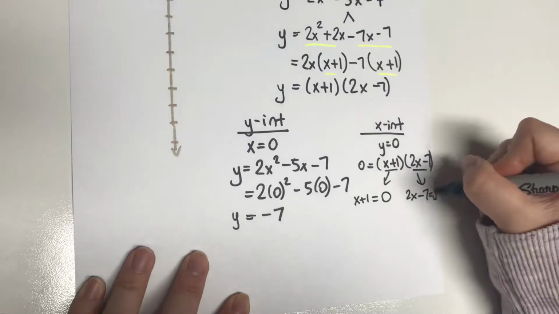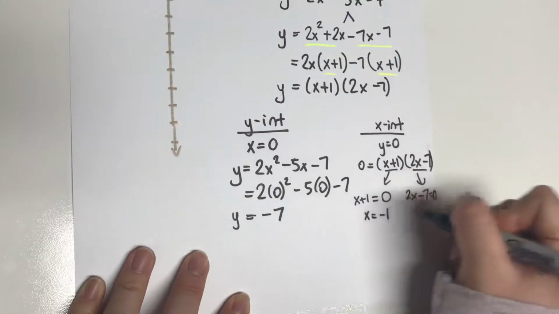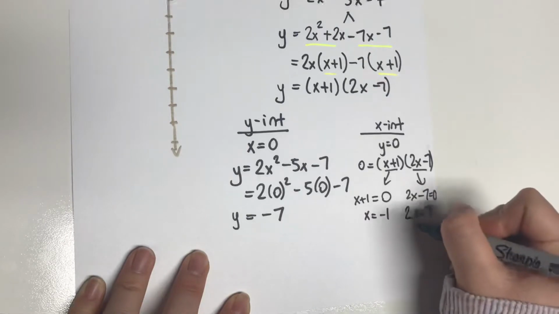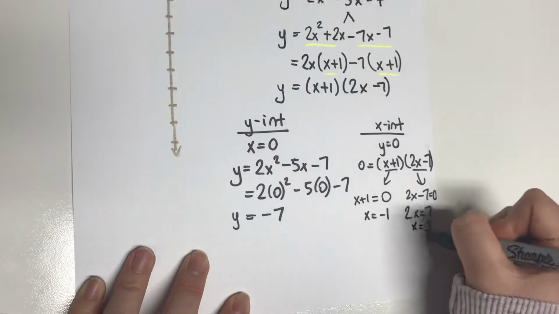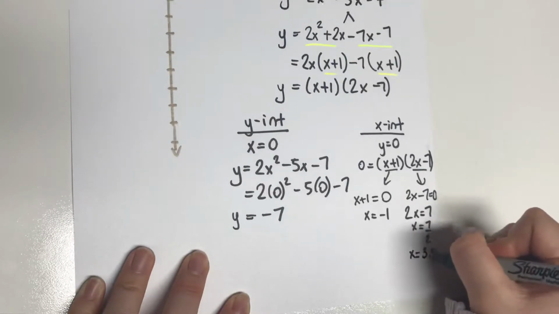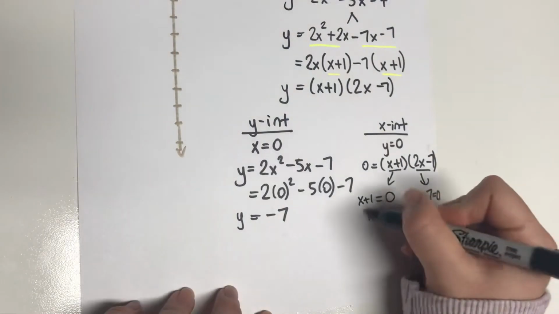And I'm going to solve for x. So x is equal to -1, or 2x is equal to 7, divide both sides by 2, and I'm left with 7 over 2, or as a decimal, 3.5. So those are my x values, or x-intercepts.